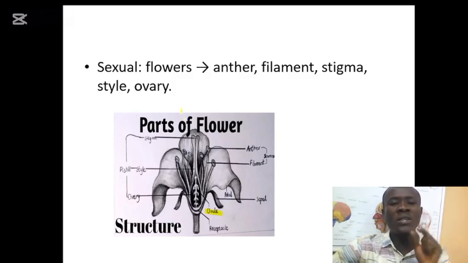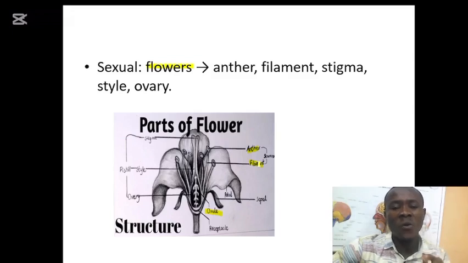The reproductive organ of a plant is called the flower. Now, this flower has many parts, as we have here on this slide. It has the anther and the filament. It is the filament that holds the anther.